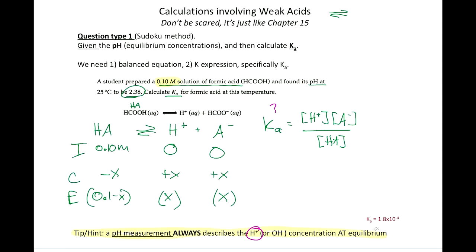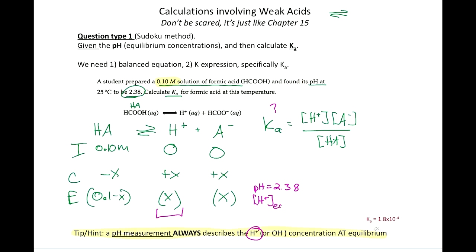And in the context of this question, that concentration is X, all right, based upon this ice table. The question says pH is 2.38.